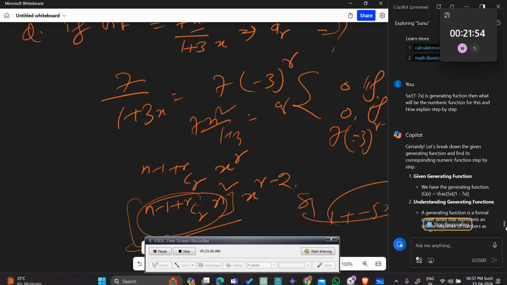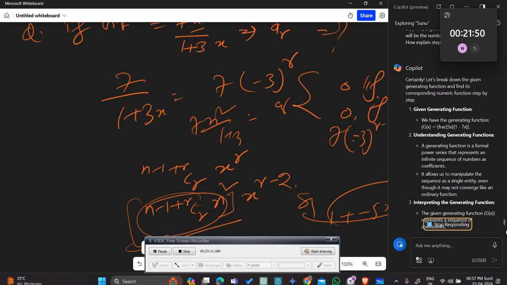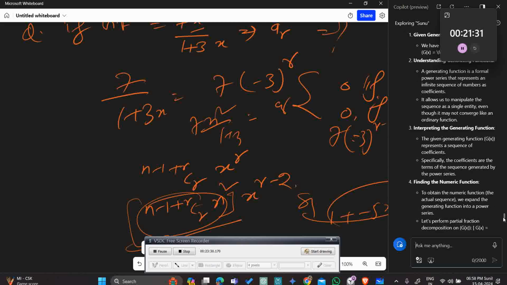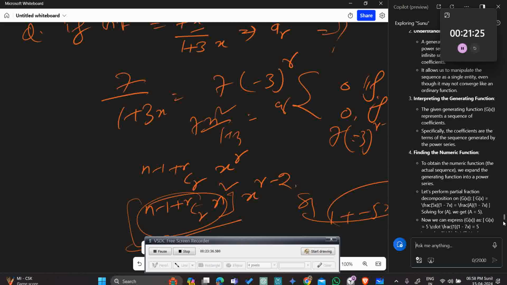Let's break down. Given G(x) is the fraction 5x over 1 minus 7x. A generating function is a formal power series that represents an infinite sequence of numbers as coefficients. It allows us to manipulate the sequence as a single entity. To obtain the numeric function, the actual sequence, we expand the generating function into the power series.